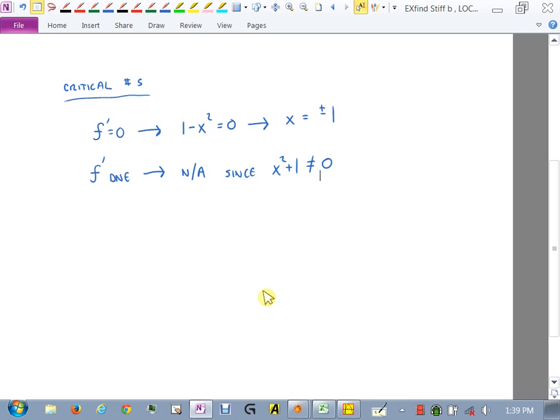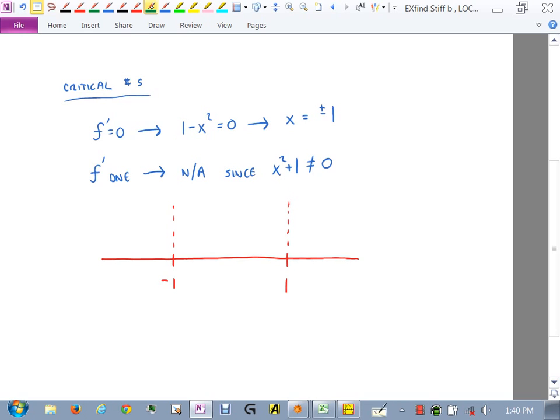What am I going to do with these critical numbers? Make a number line. I have two critical numbers, so this will break up my number line into 3 regions. After I do this, plug in what?